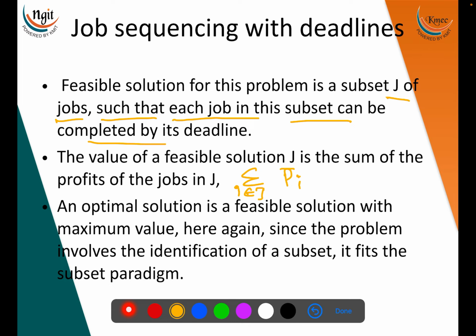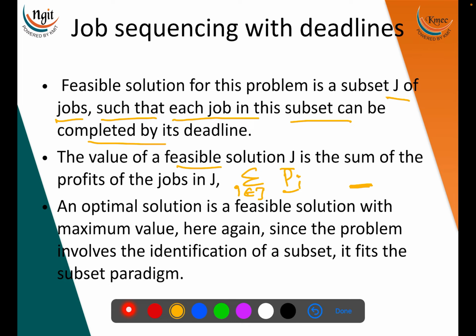That means when we complete the job by its specific deadline, only then will we get a profit. So once you have a profit, it means you have finished that job by its deadline.